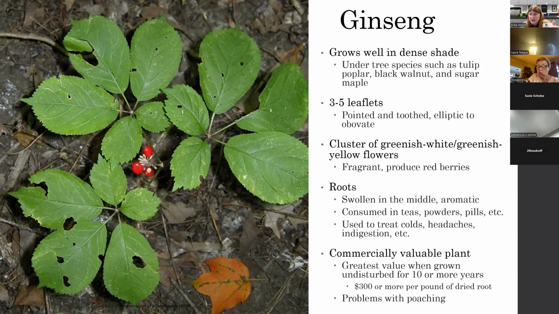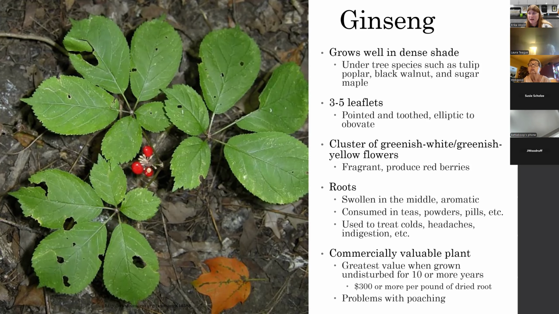Now, because of the nature of this plant, because it is so highly prized, we have a lot of issues with poaching, to say the least. This is a very well foraged plant to the point where it is not only becoming potentially threatened in its environment, but if you do find this plant and you tell somebody, someone may go and scoop it up because you can sell the dried root of this plant for a lot of money.